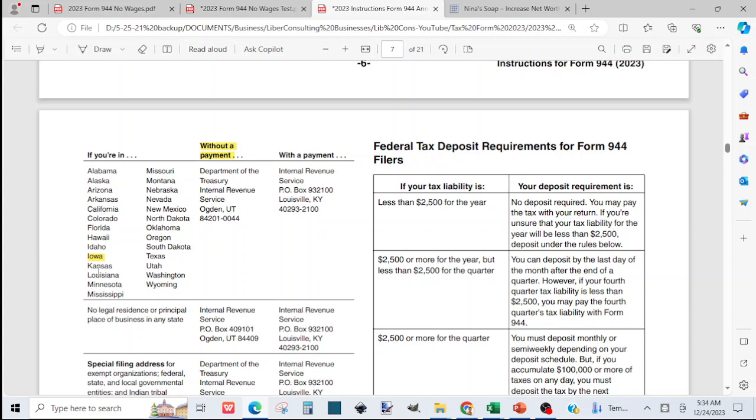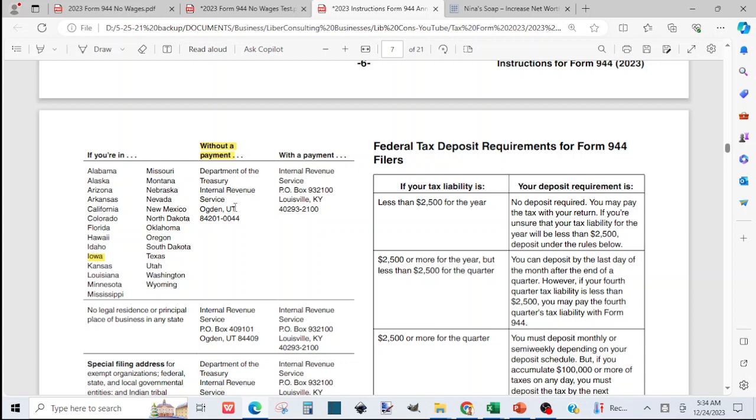You write that on the envelope, you seal it, and you mail it via USPS as certified mail with tracking that you can look up online to see when it reaches its destination.